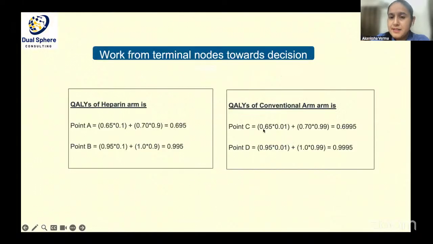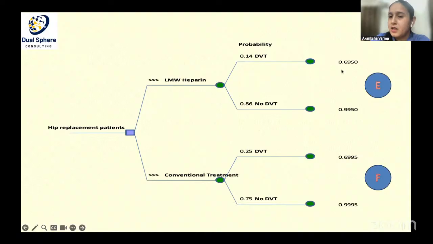Now the next step is this. See, what I told you. Now we have qualities at this level. Now we want to again do the same. We want to multiply this probability with the quality plus this probability with the quality, and you will get total qualities with respect to heparin.